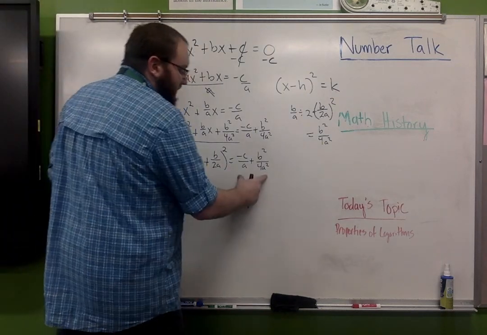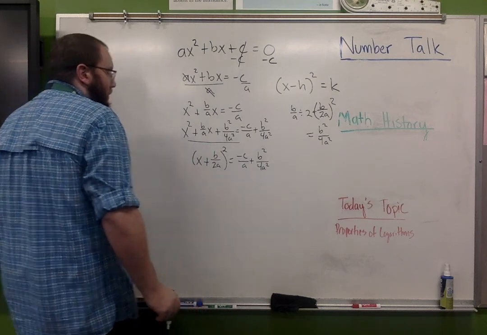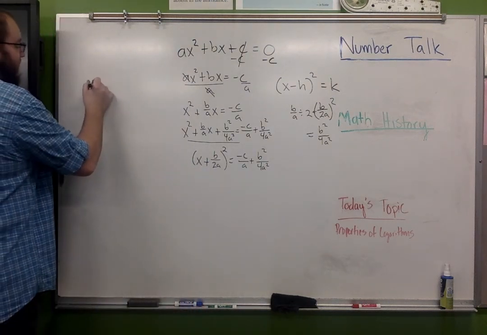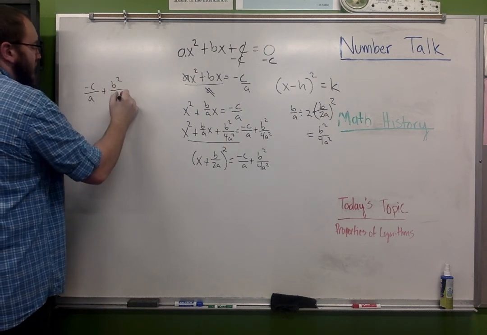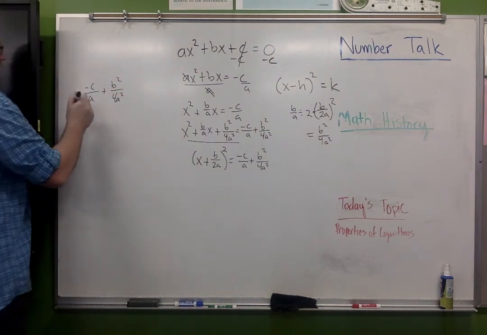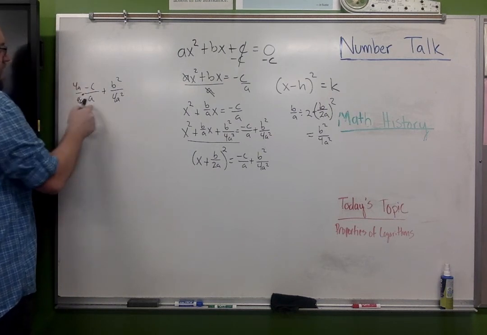Now let's combine these fractions. We need to get a common denominator. I have negative c over a plus b squared over 4a squared. If I multiply here by 4a, I'll have a common denominator.